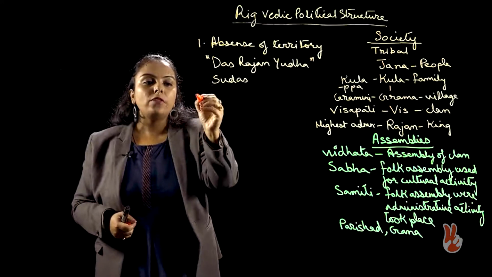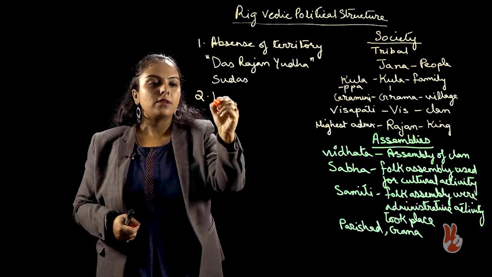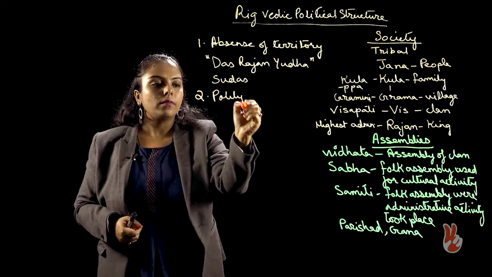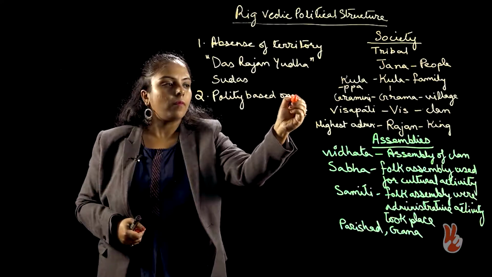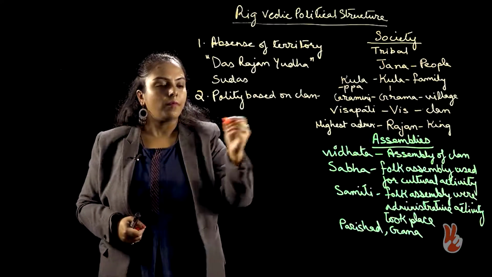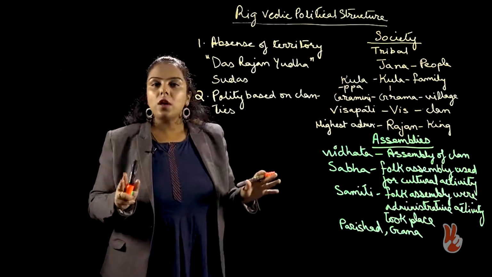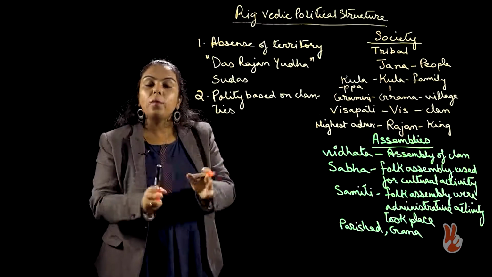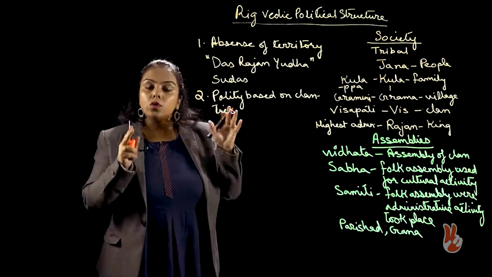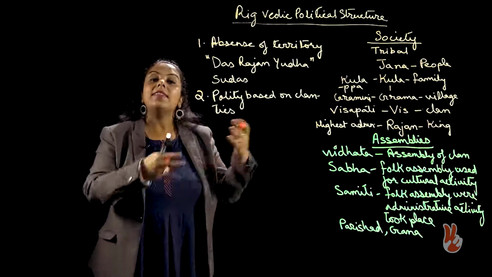So, the next point will be polity based on clan ties. Rajan was not someone alien in the tribe. He was one of the members of the tribe whose main job was to protect the people and the cattle.